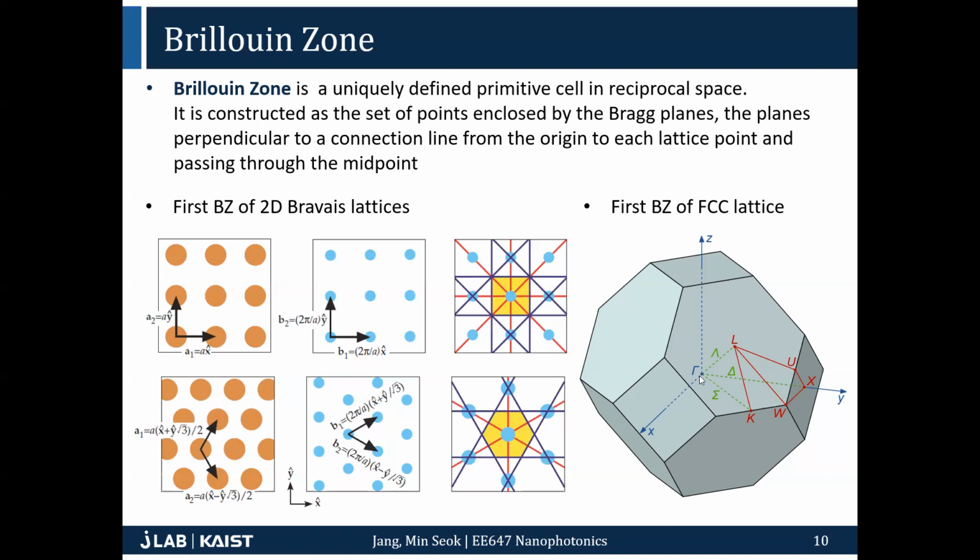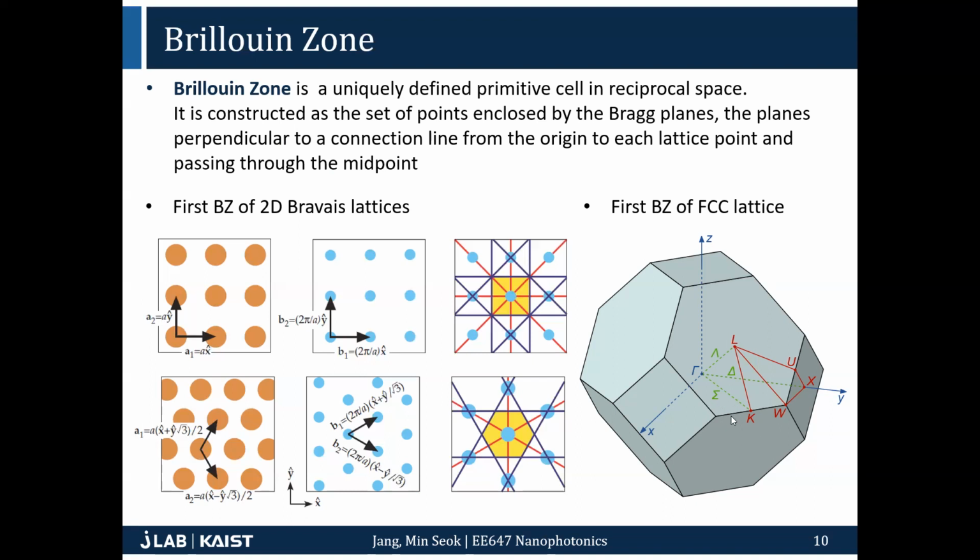And then K point, W point, X point, U point, L point. These are not just random names, they always have this name. K, W, X, U, L all have important symmetries.